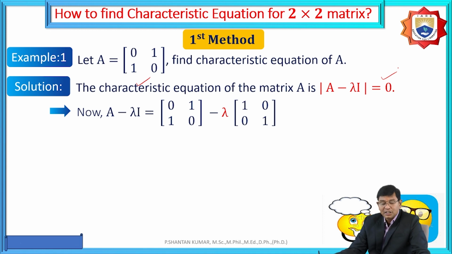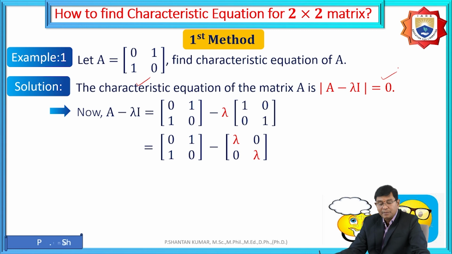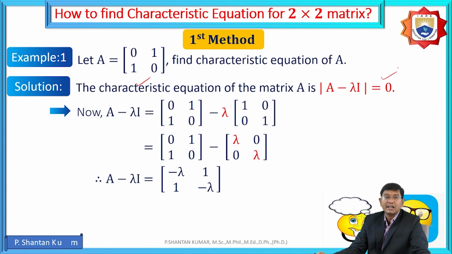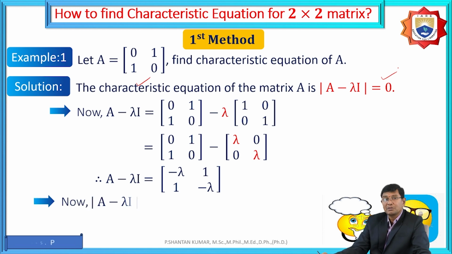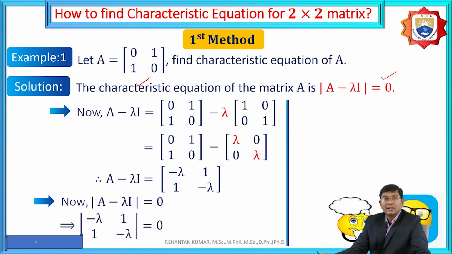Based upon this, we obtain A minus lambda I as the matrix minus lambda, 1, 1, minus lambda. Now we need to find the determinant of this. The determinant of a 2 by 2 matrix is AD minus BC.